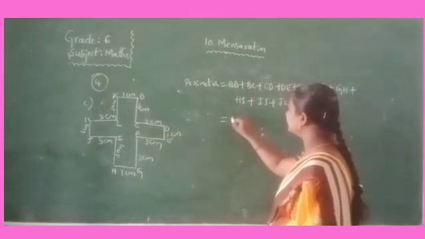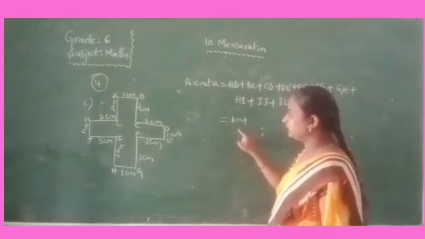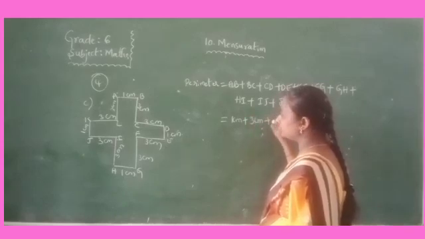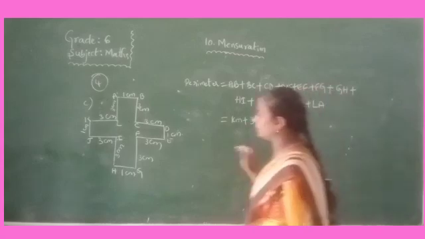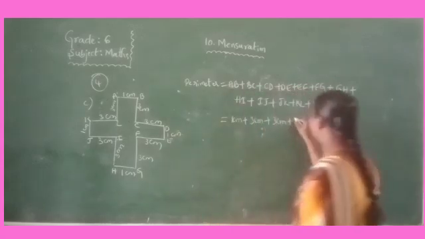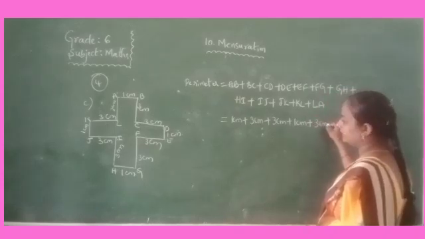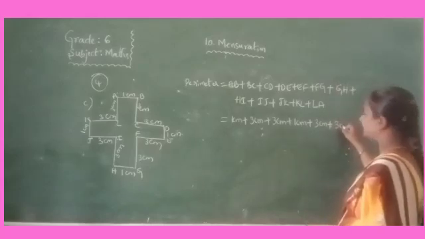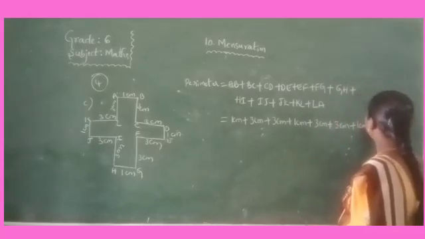AB length is 1 centimeter. Units are compulsory. 1 centimeter. BC length is 3 centimeters. CD length is 3 centimeters. DE length is 1 centimeter and EF length 3 centimeters. FG length is 3 centimeters and GH length 1 centimeter.